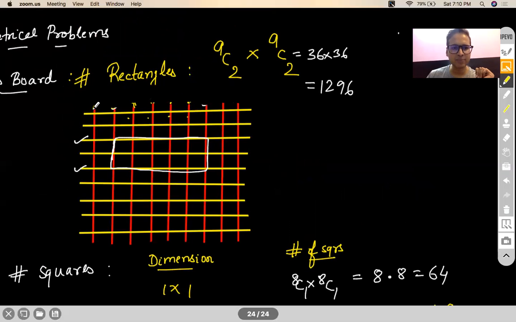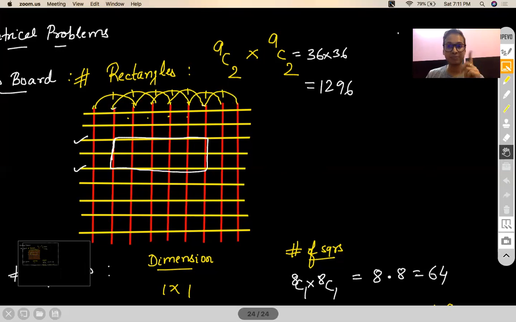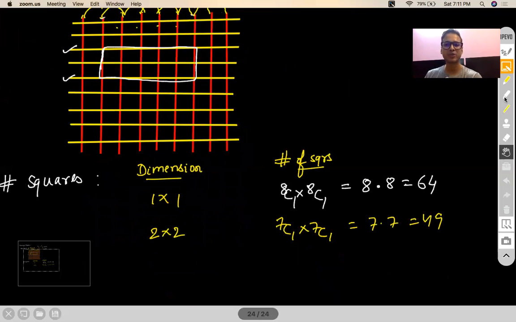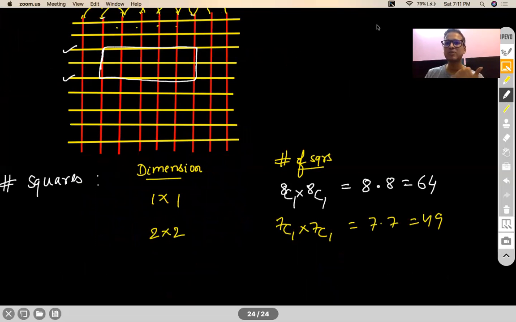For example, you can pick up these two, or these two, or these two, and so on. So 1, 2, 3, 4, 5, 6, 7. Out of the 7 pairs, you can pick one pair. Similarly, here also in the yellow ones, out of 7 pairs, you can pick any one. So 7C1 into 7C1. So 49 squares will be there whose dimension will be 2 by 2.